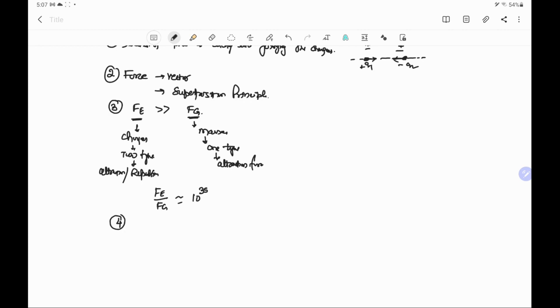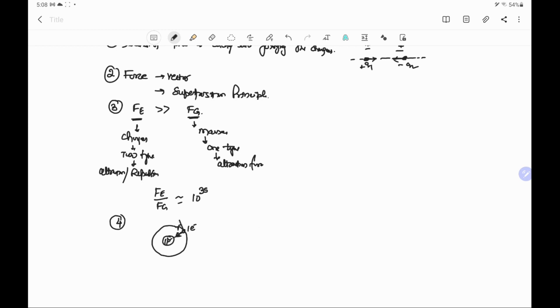Another point: we take the example of the hydrogen atom. An atom has a nucleus and orbits. Hydrogen is the simplest atom, with one proton in the nucleus and one electron in its orbit, in which it is revolving. There is an attraction force on the electron due to the nucleus. This attraction force is electrical in nature, and this electrical force causes the circular motion of the electron in the orbit and provides the required centripetal force.